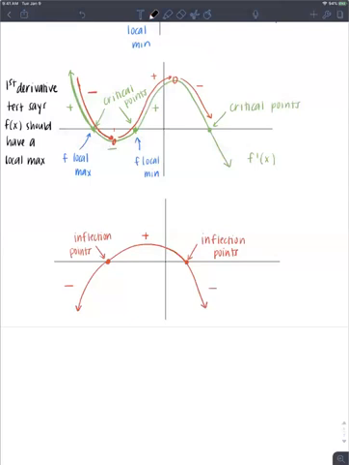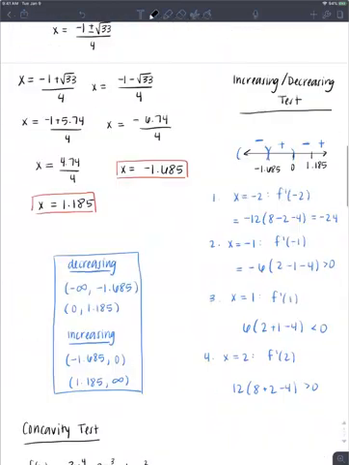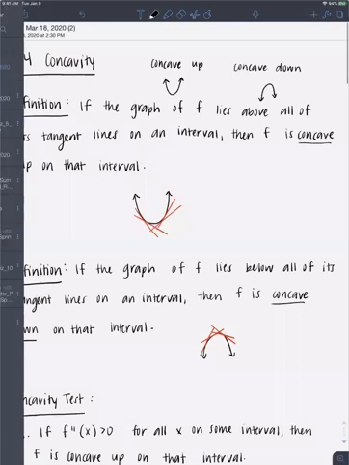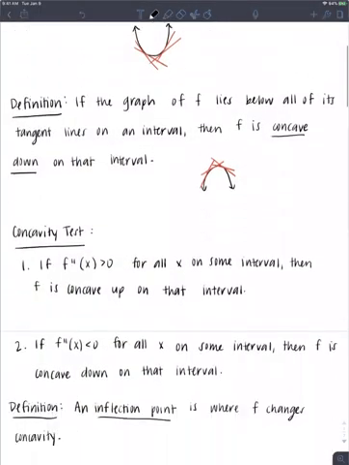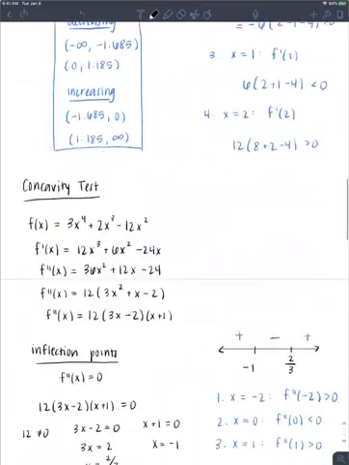Hang on, sorry, one of my screens just did something weird. Okay, but yeah, so the concavity test basically says wherever the first derivative is 0, right? Or no, that's the second derivative test. The concavity test just says, if I go way back up here, wherever it's positive, then you're going to be concave up, and wherever the second derivative is negative, you're going to be concave down.